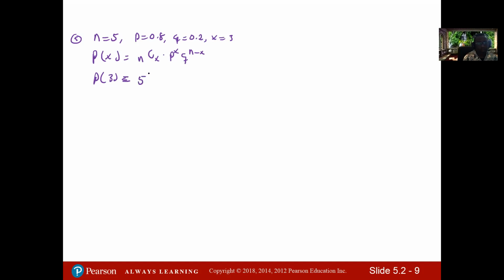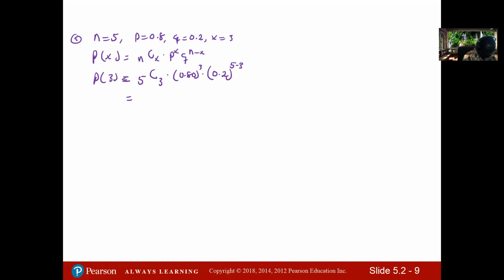that is 5 combination 3 times the probability of success, which is 0.80, raised to 3, times the probability of failure, which is 0.2, raised to 5 minus 3. Now which is basically 5 combination 3.